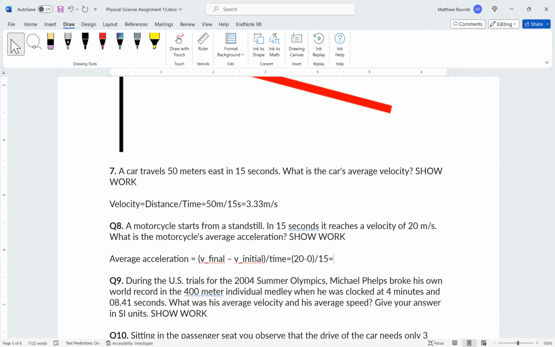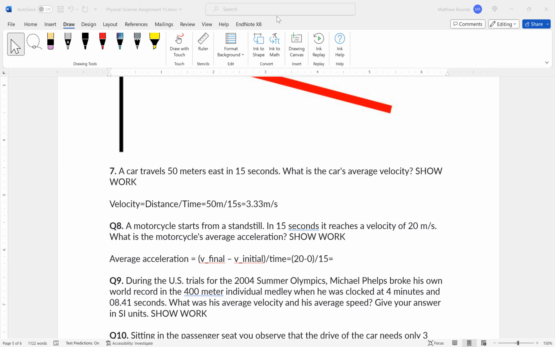So that's going to be, what's 20 divided by 15?